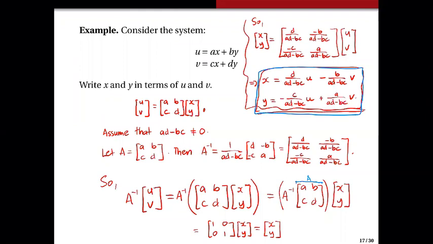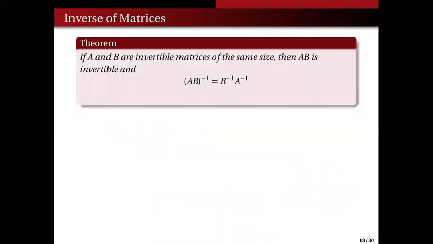Now, let us look at some properties. Suppose you have two invertible matrices of the same size, A, B. Then the product, AB, is also invertible.